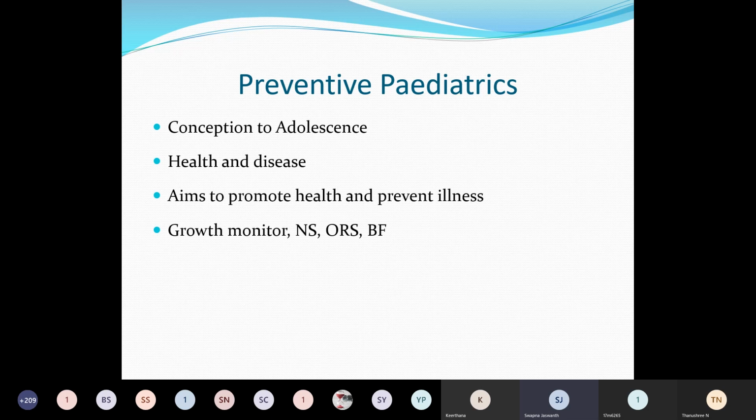So as I told you, the number of deaths as well as the morbidity among the children can be reduced to a drastic level by knowing what are the conditions causing them, and if you prevent them, you can reduce those things through growth monitoring, regular growth monitoring, providing nutritional supplements, promotion of breastfeeding, immunization, and regular health checkups, providing them ORS, and so on and so forth. This is going to have a long effect to bring up a child who is fully developed as well as grown to their potential. So that's what preventive pediatrics includes.